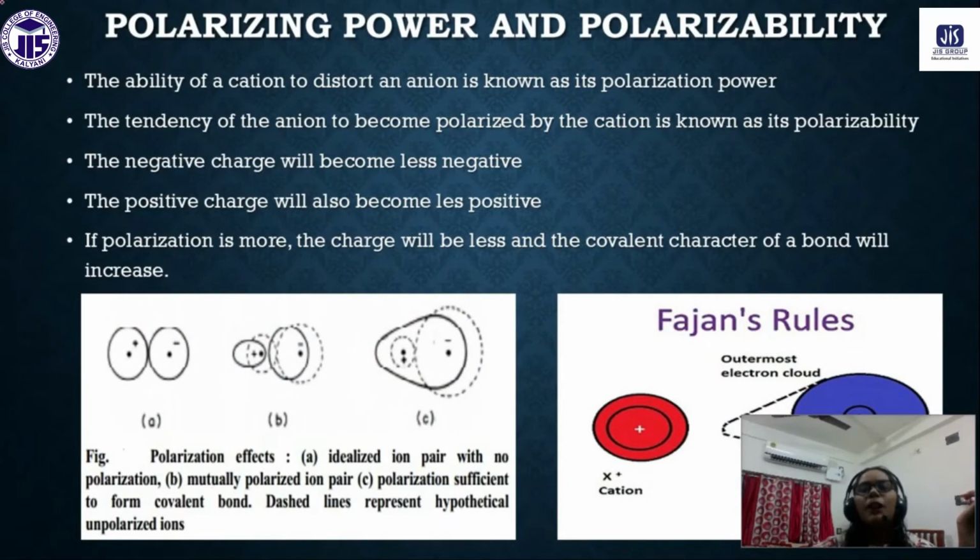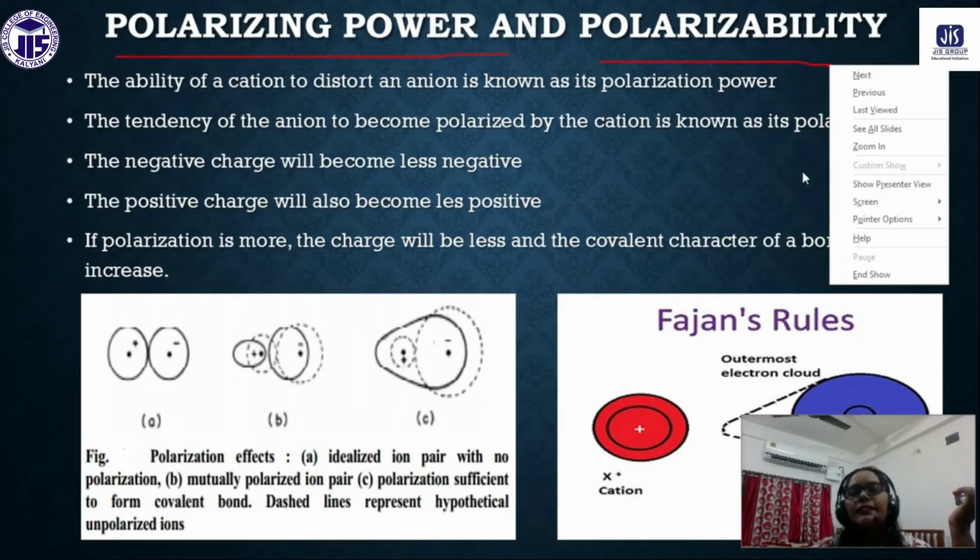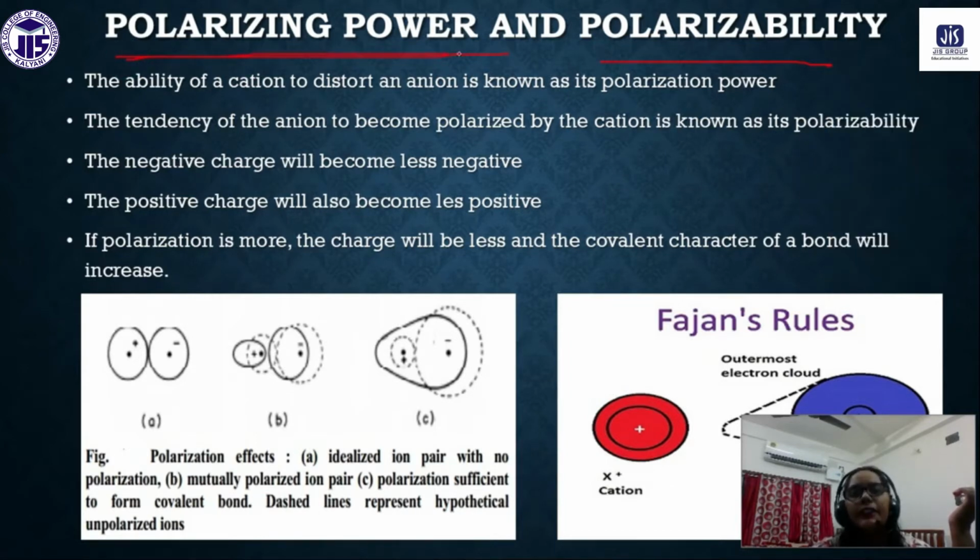Now, polarizing power is actually related to the cations. The ability of the cation to distort the electron density of an anion is called polarizing power. What will happen if a positive and a negative ion come close to each other?